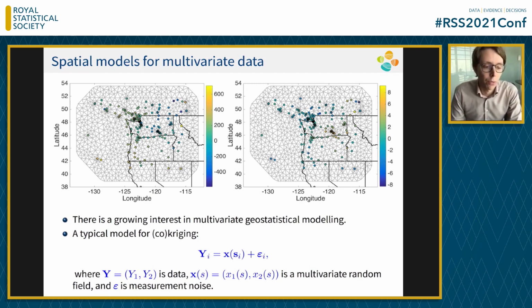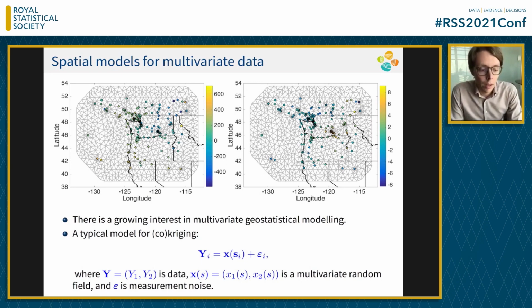A typical way of doing that would be to assume that our bivariate observations, y_i, are some noisy observations of an underlying latent random field x that is modeling the true variables, pressure and temperature in this case. Then the statistical model would be to design this random field model.